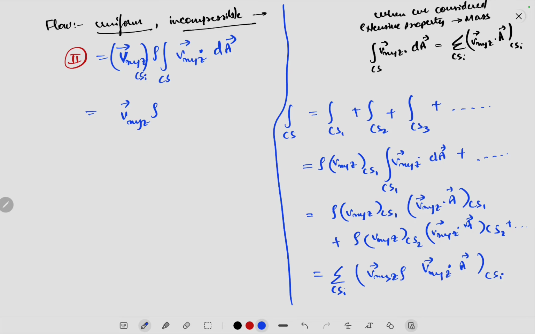So thus I can replace this term with this term. Let's just write it. We can write this as the summation over all the control surfaces of rho vxyz dot A vector, and this is all for that ith control surface.